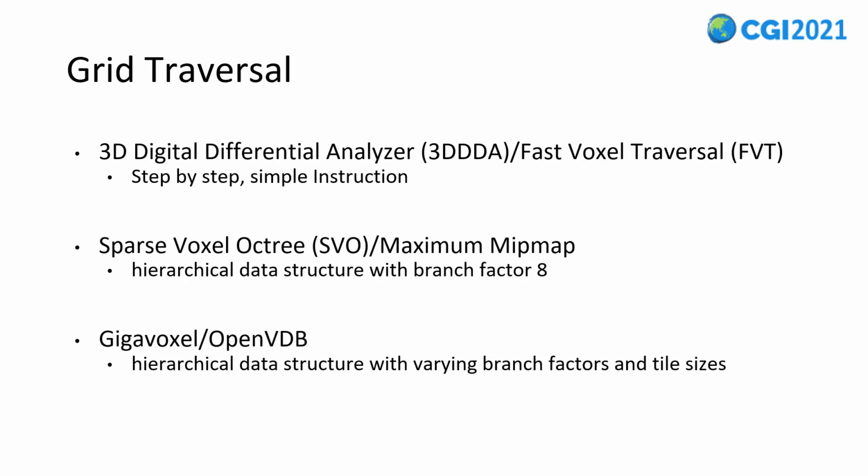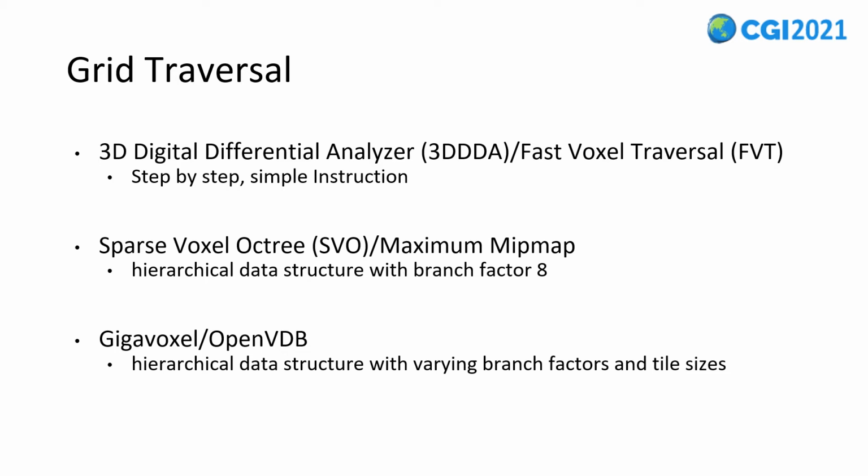In previous works on grid traversal, 3D DDA and FVT can traverse the uniform grid cell by cell with simple instructions, but it takes lots of steps to leap large empty space. Hierarchical data structures such as octrees are then applied to exploit the spatial sparsity of voxel data to reduce the storage and traversal cost.